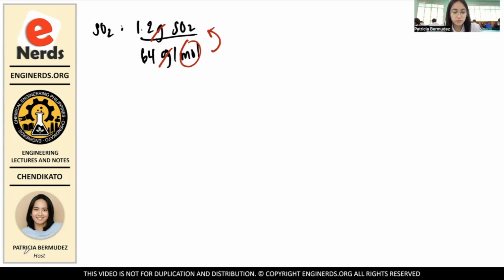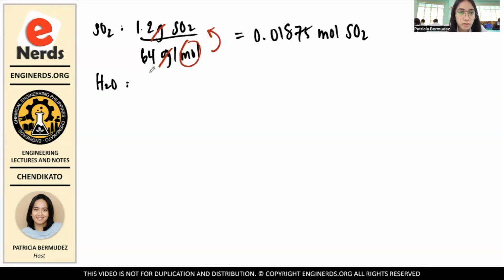1.2 divided by 64, we have 0.018 moles sulfur dioxide. And finally, for water, we have 4.1 grams of water divided by the molar weight of 18 grams per mole.